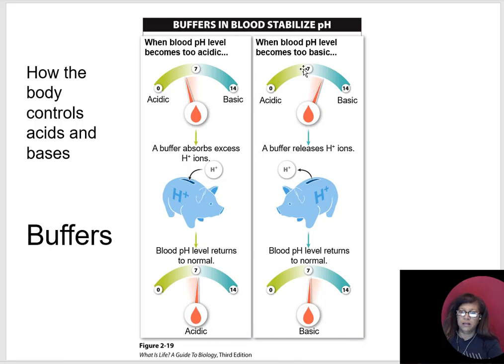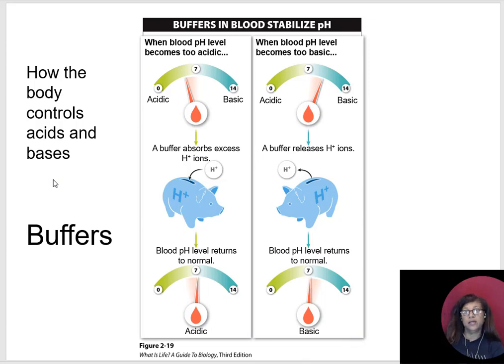And when the blood pH level becomes too basic, when we look here at the pH scale again, here's 7 in the middle, we've moved toward the basic side, then a buffer can actually release hydrogen ions in order to bring the blood pH back down to normal. And so this is a safety measure that our bodies actually have in order to control pH.